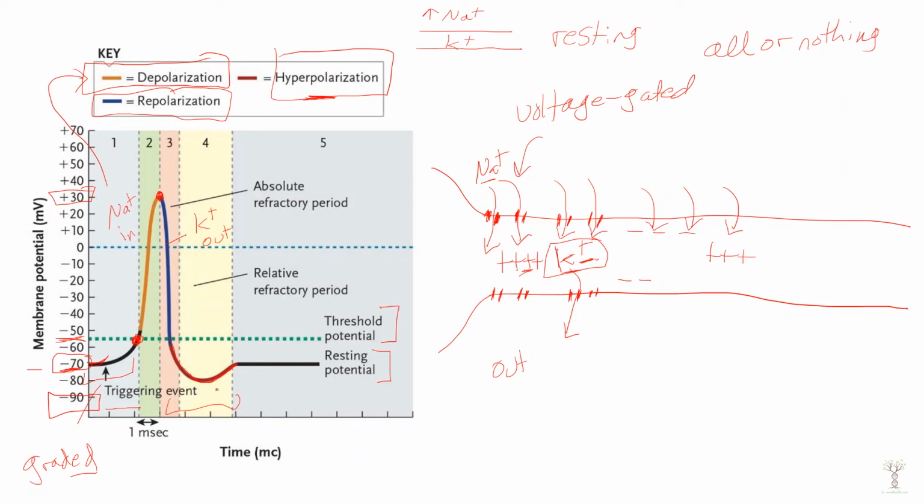And then lastly, after this hyperpolarization phase, remember that we have sodium-potassium pumps that help to maintain the normal concentration of sodium and potassium around the cell membrane. So the sodium-potassium pumps help to bring this membrane charge back to its resting membrane potential.